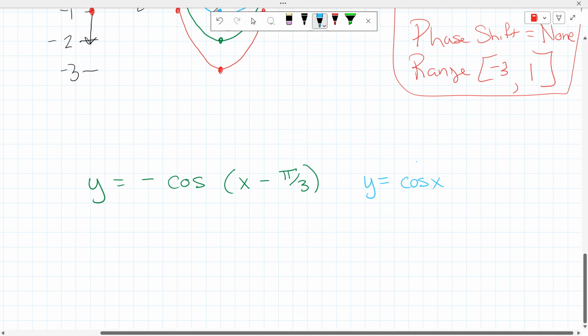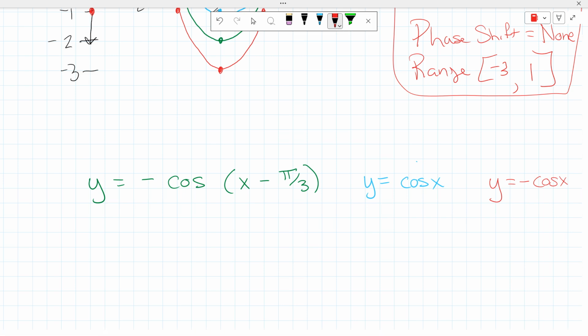Just cosine of x is my base function. Then what I'm going to graph is y equals negative cosine of x after I graph my original cosine of x. And then, because I want to work from left to right, I'm going to do this first. And then I'm going to phase shift everything negative pi over 3.